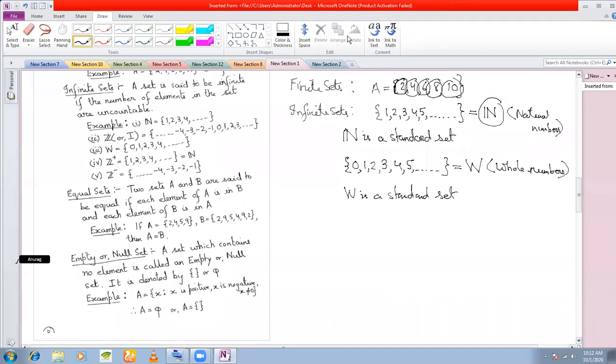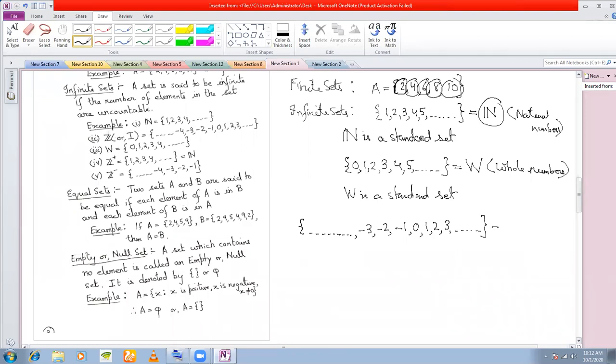From minus infinity, okay, all the negative integers, then I come to -3, -2, -1, 0, and then the positive integers. This set. What is this set called?